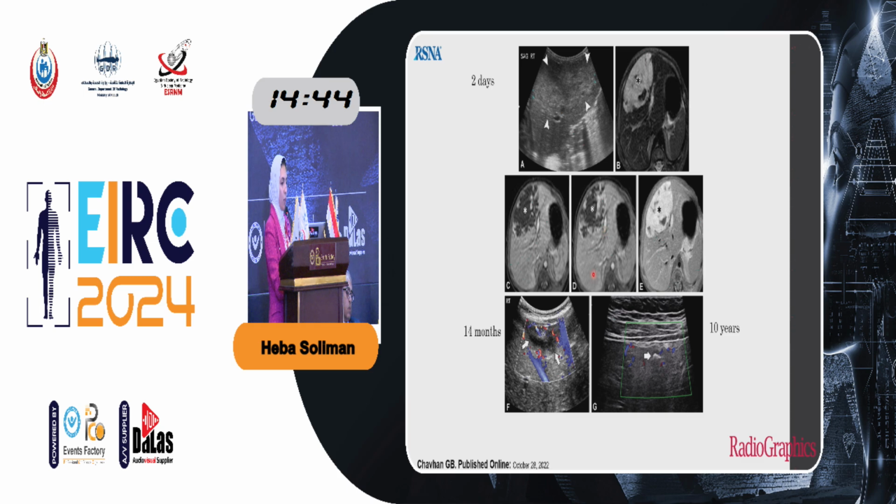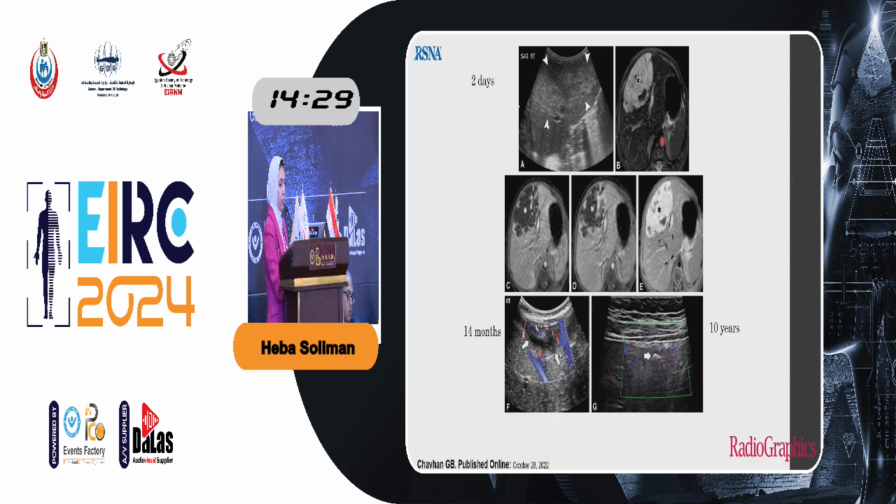A dynamic multiphasic MRI shows the typical appearance. Here the ultrasound shows a heterogeneous echogenic liver mass.